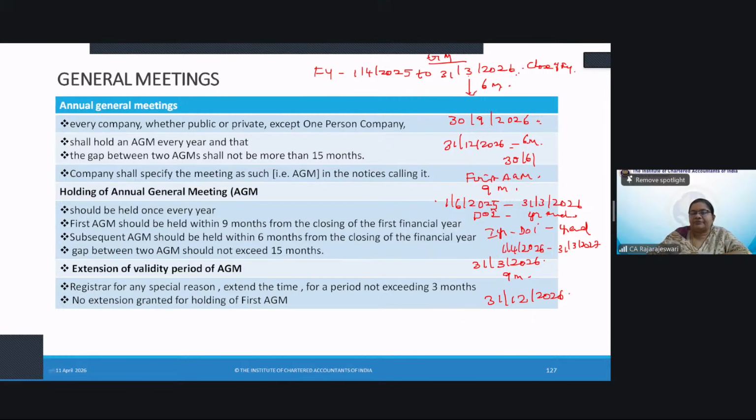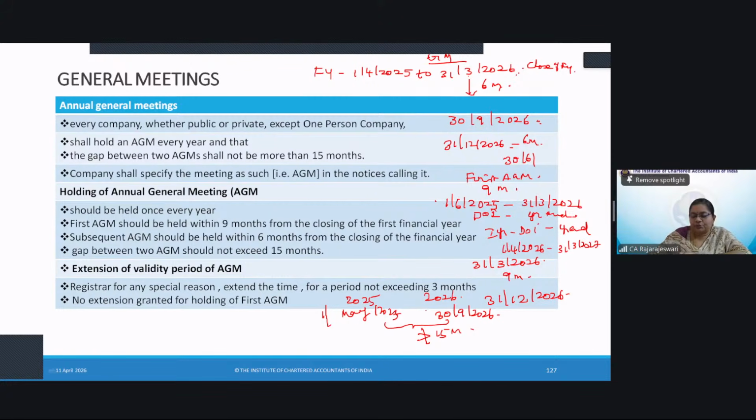Another rule is that if I hold the AGM for 2025 on 1st May, then for 2026 I cannot hold the AGM on 30th September 2026. Why? The gap between these two AGMs should not be more than 15 months.